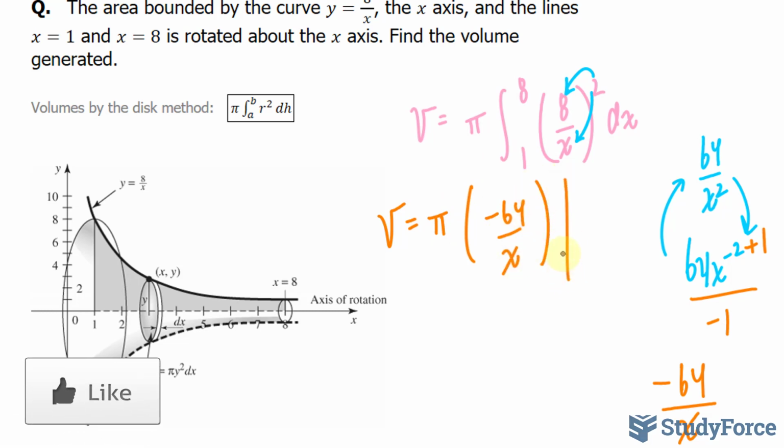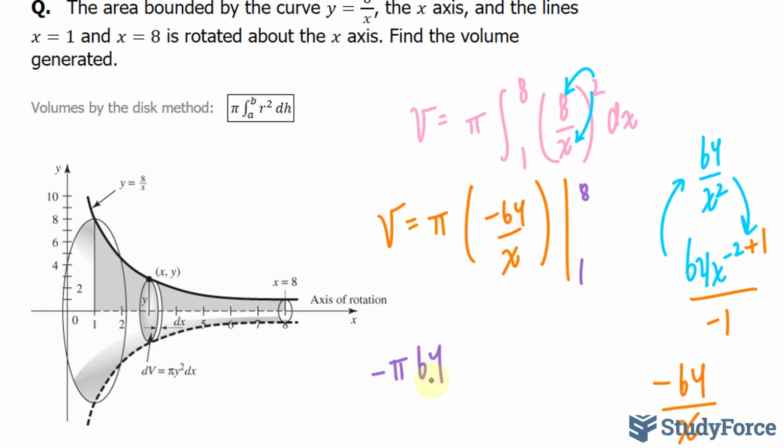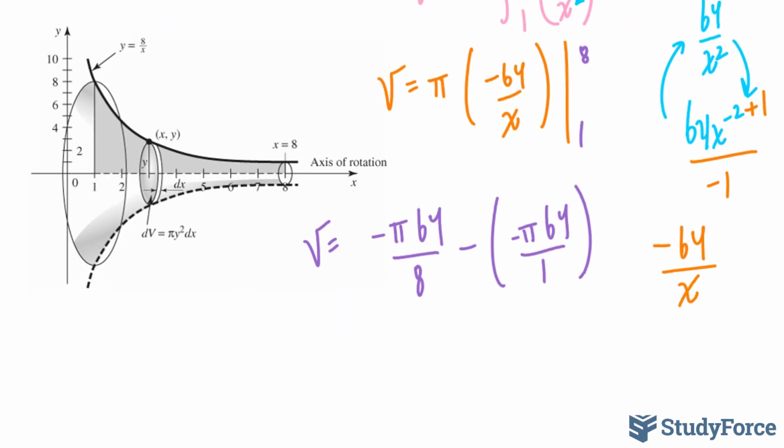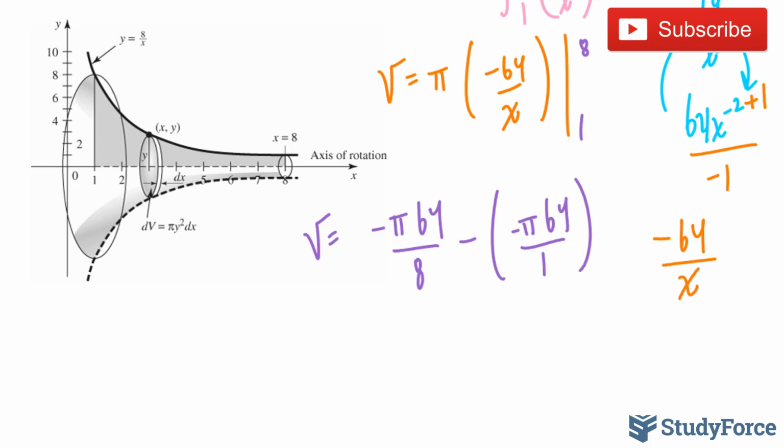Now I can find out what this is equal to at 8 and 1 and then subtract those two. So let's start with 8. Negative pi times 64 over 8 minus negative pi times 64 over 1. The volume will be in units cubed. So let's use our calculator.